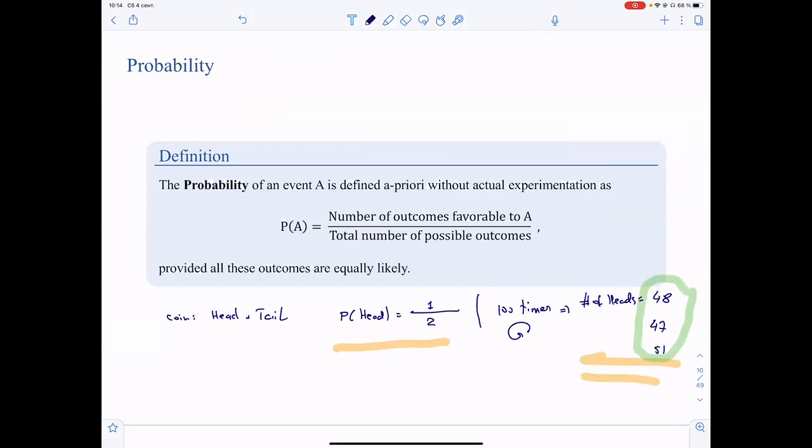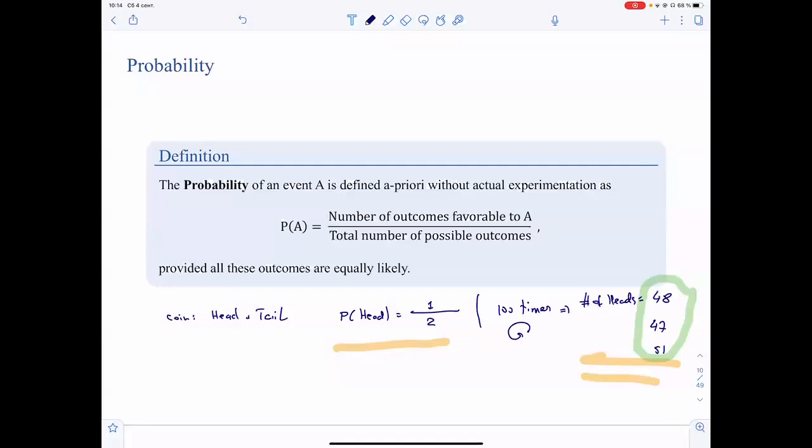If I have some random variable that might appear as 48 or 47, how may I guess that the probability should be 1/2? Ideally, I would be happy to say 50 as the number of heads after tossing a coin 100 times, but honestly, I will never see this.